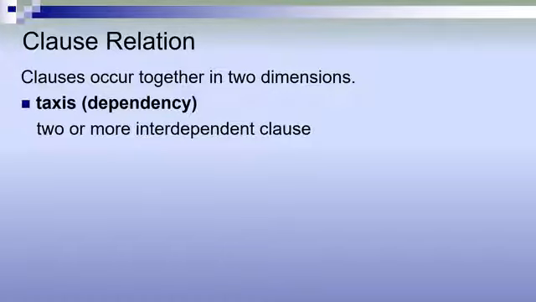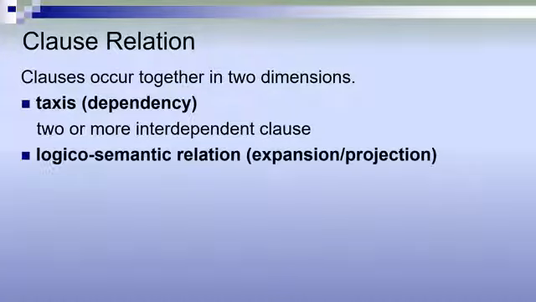Here the two clauses are interdependent. One clause is dependent on the other clause. And the second is the logico-semantic relation, in which we have expansion or projection. A clause is the expansion or projection of the other clause.